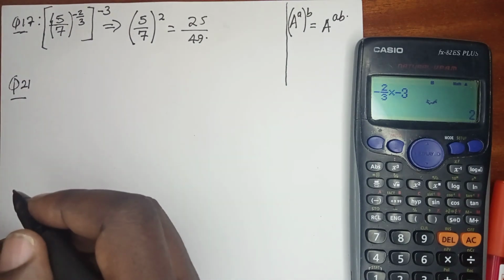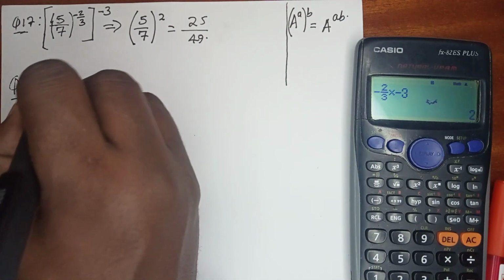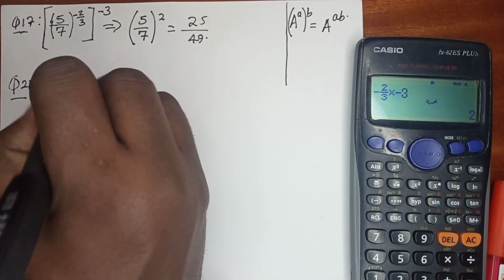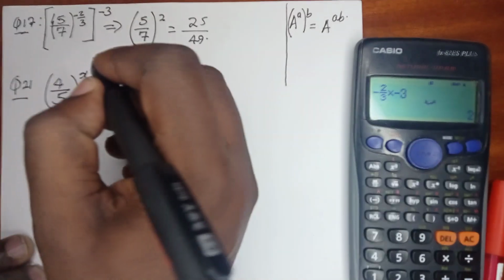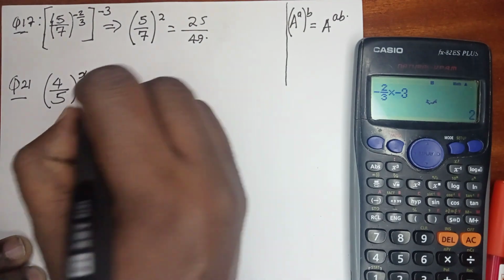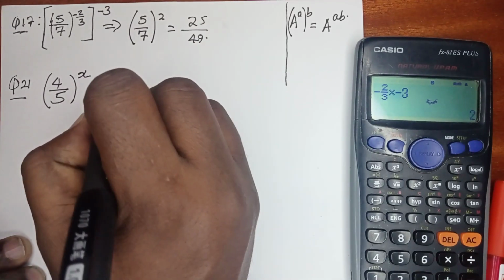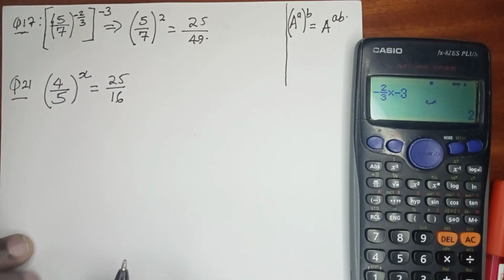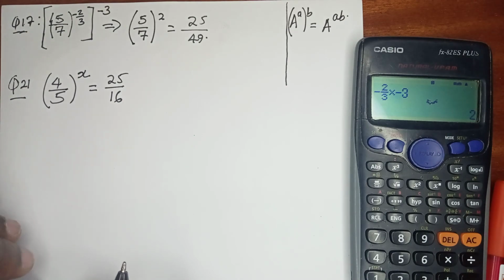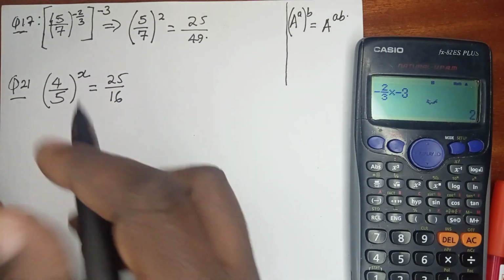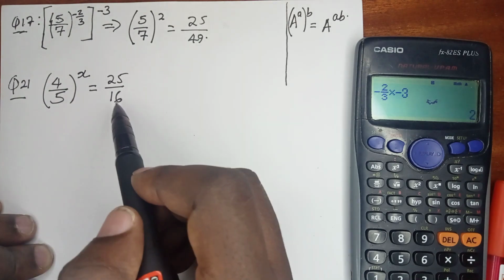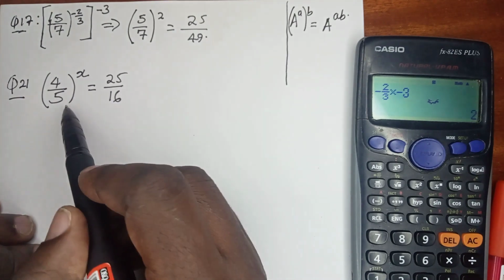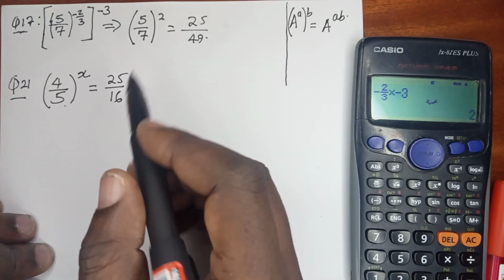Question number 21, which is asking us 4 over 5 raised to power x is equals to 25 out of 16. And there is something interesting here. You realize that 4 is more related to 16, just like 5 is more related to 25.